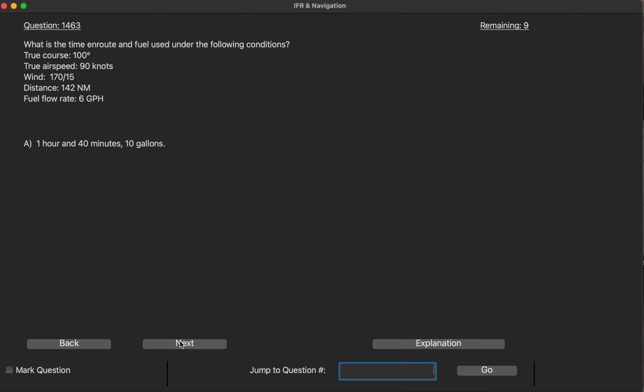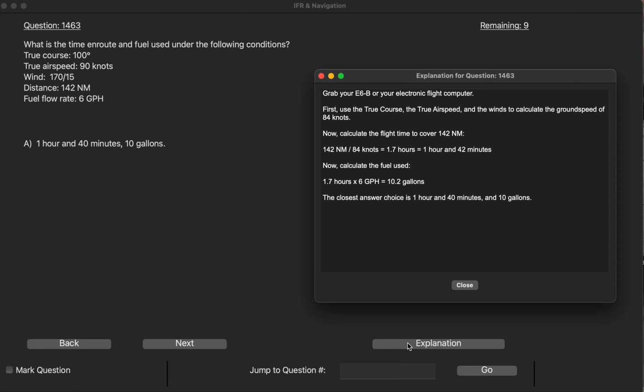What is the time and route and fuel used under the following conditions? So first you're going to need to calculate your ground speed from your true course and true airspeed, and how long it's going to take you with that ground speed of 84 knots to fly 142 nautical miles.